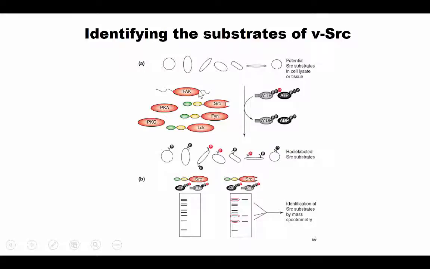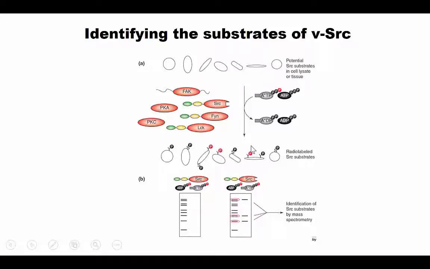All other natural kinases utilize regular ATP. If you run the gel, all other proteins are phosphorylated, but only the radioactively labeled one is phosphorylated by this modified kinase. Sounds like a very crazy idea.